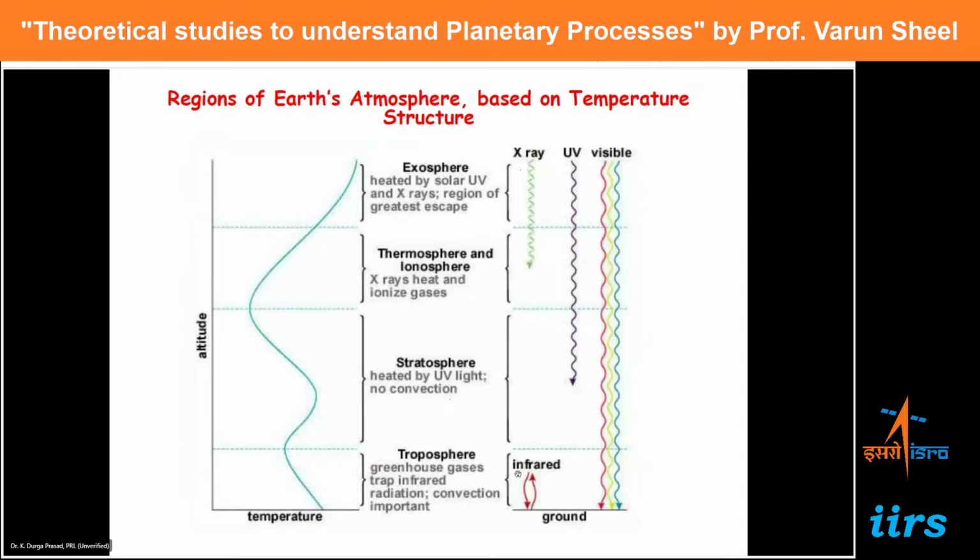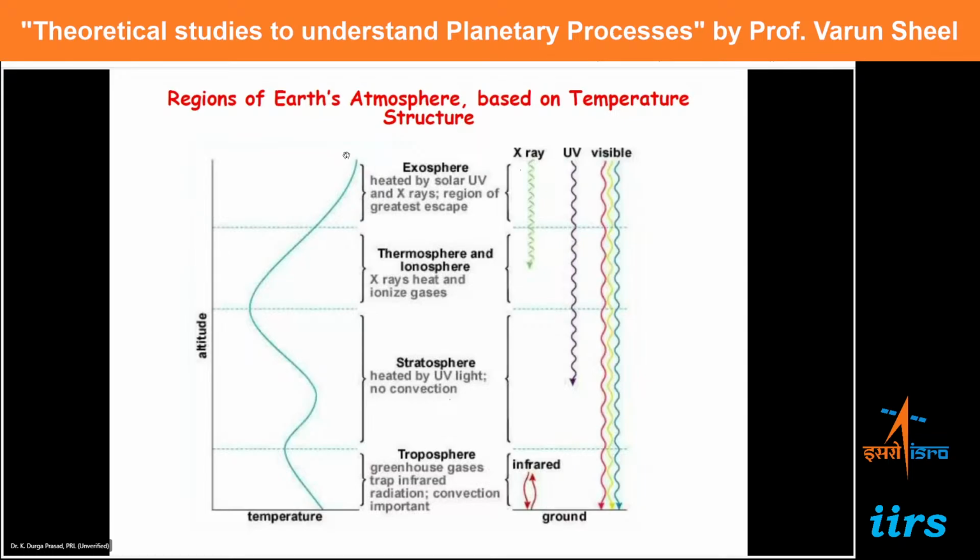A part of infrared also reaches the ground, and whatever heating happens at the ground is also reflected back as infrared. This is how the solar radiation interacts with the atmospheric species, as an example for Earth, which creates this kind of thermal structure of the Earth's atmosphere.